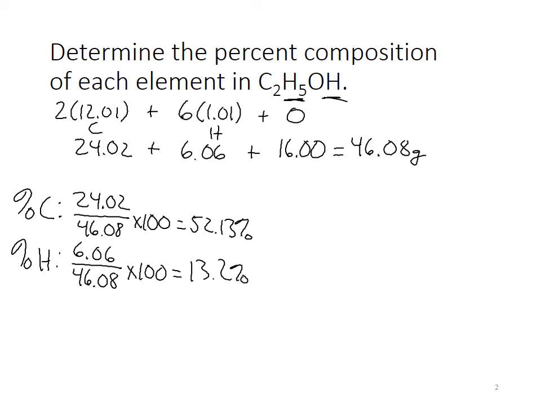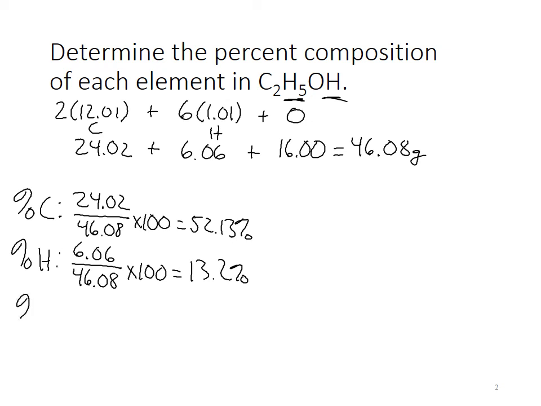13.2%. So now, when we look at significant figures, you'll notice in the carbon calculation, 24.02 and 46.08 both have 4 significant figures, so the answer also has 4 significant figures. However, with hydrogen, 6.06 has 3 significant figures, so my answer for hydrogen can only have 3 significant figures.